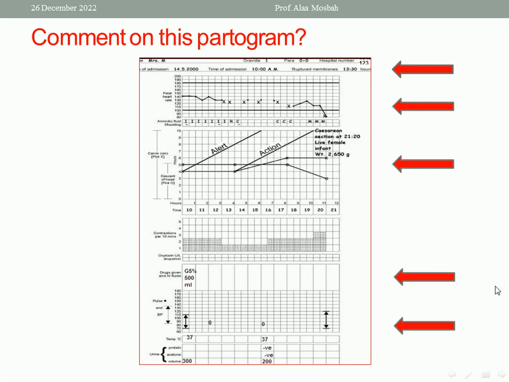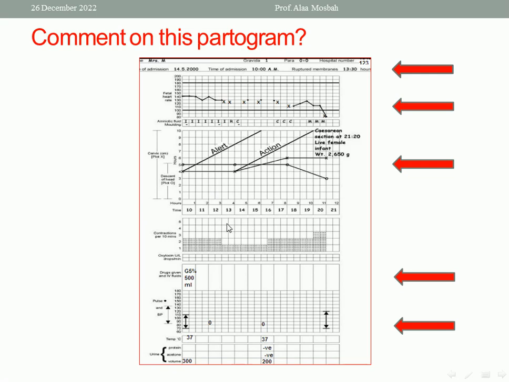I hope it was beneficial for you. Remember, we are commenting on personal information here in the upper part, then items related to fetal well-being, fetal heart rate, amniotic fluid, and molding. Then this partition for progress of labor, cervical dilatation, and descent of the head.